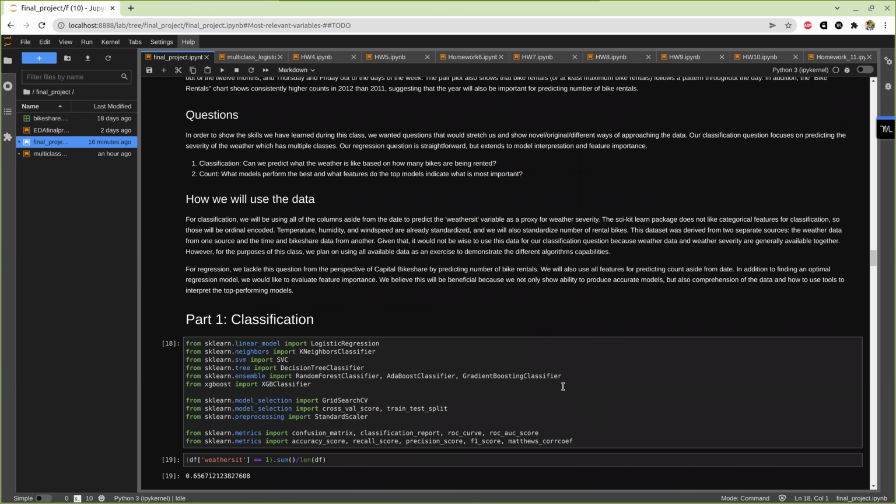And we did this project thinking more about the exercise than the application. So we use all of the data to classify and to regress, aside from the date. However, we know that in real life application, if we had humidity and temperature and wind speed, we would probably know the weather situation already anyway.